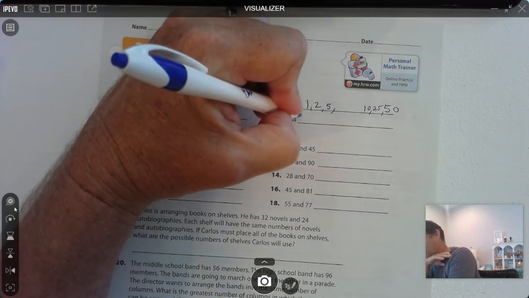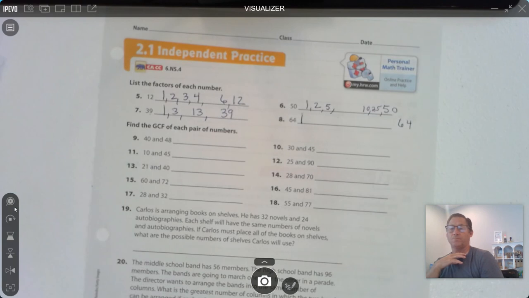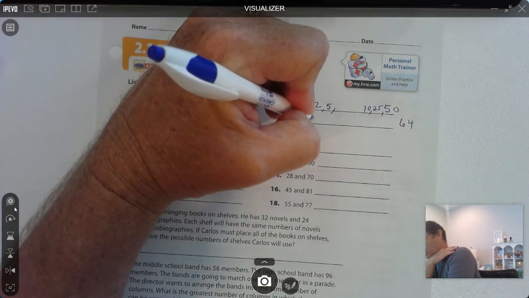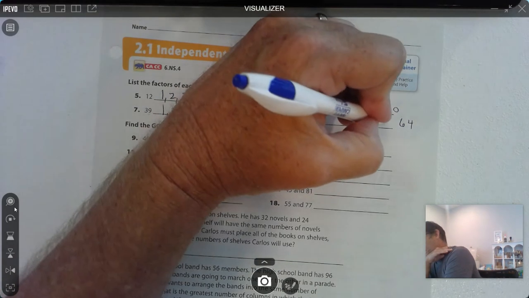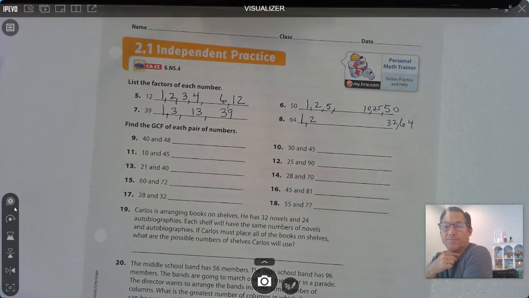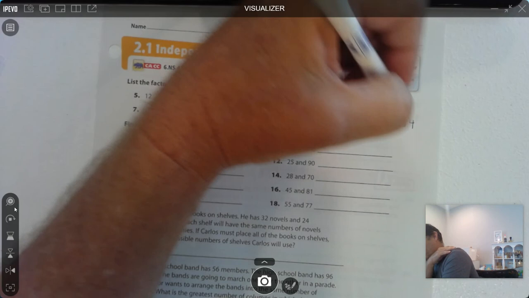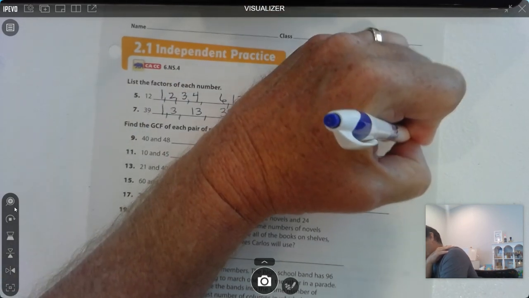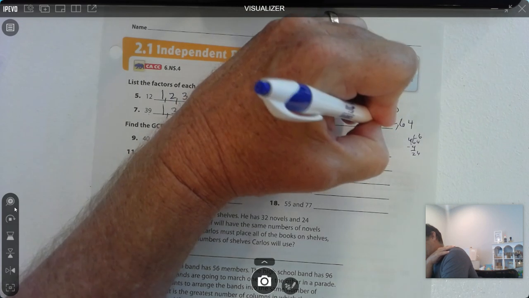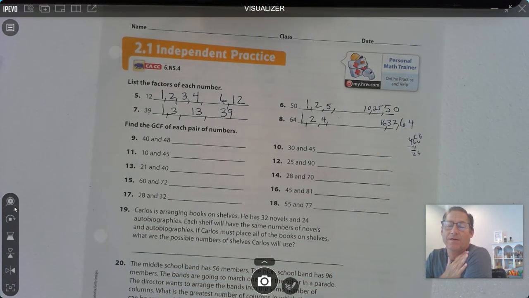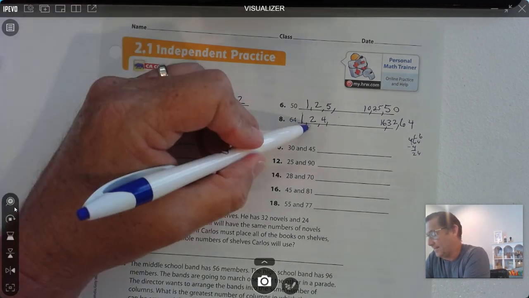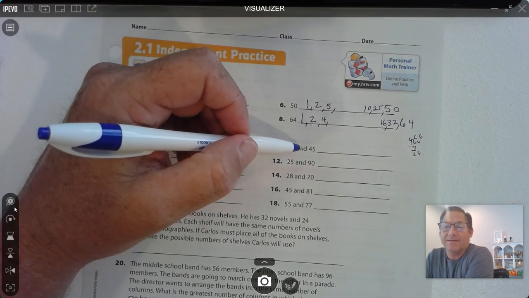And 64. Well, we know 1 times 64. We also know 2 will work because 64 is even, and 2 32s would be 64. 3 will not work because 6 plus 4 is 10, and 10 is not divisible by 3. 4 is a factor of 64. 64 divided by 4 is 16. 5 will not work. 64 does not end in a 5 or 0. 6 will not work because it's not divisible by 2 and 3. 7 is not a factor of 64.